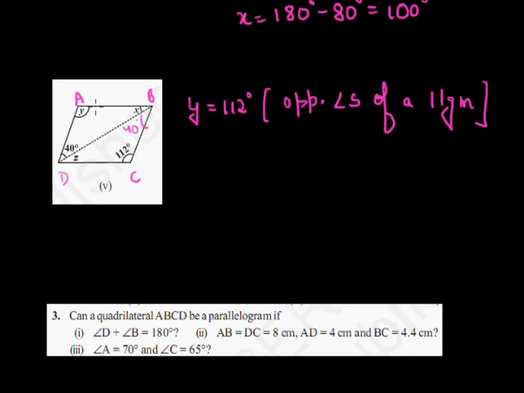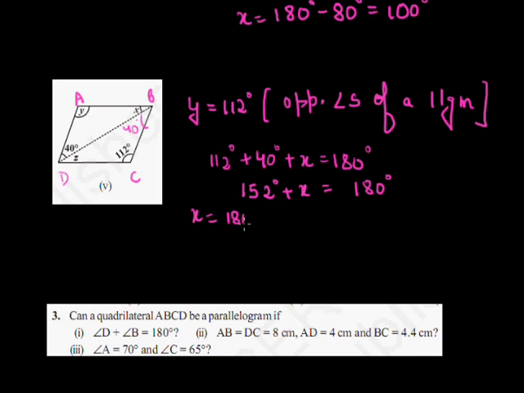ED is parallel to BC, so I can say angle DBC is equal to 40 degree. Now I can say 112 degree plus 40 degree plus X is equal to 180 degree. So 152 degree plus X is equal to 180 degree. So X will be equal to 180 minus 152, that is equal to 28 degree.